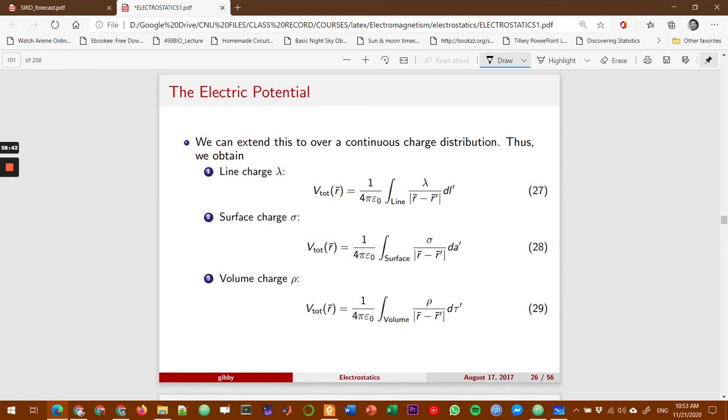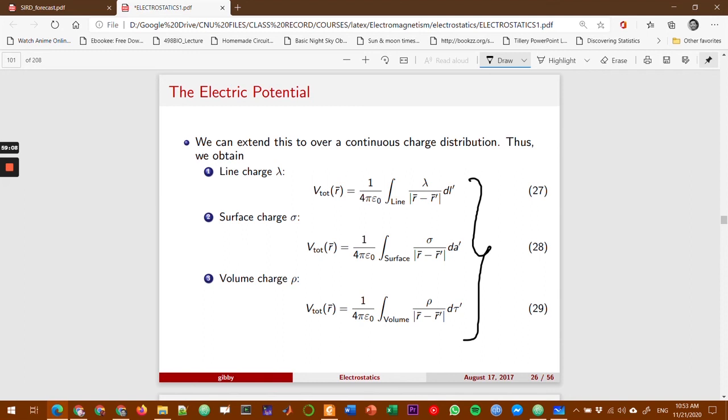For the line charge, the surface charge, and the volume charge. So these are not new to you anymore because this is similar to the electric field that we used last time, from summation to integral. This time it is the potential. Now, we are happy if we use potential because we are working with a scalar. Because potential is a scalar function.